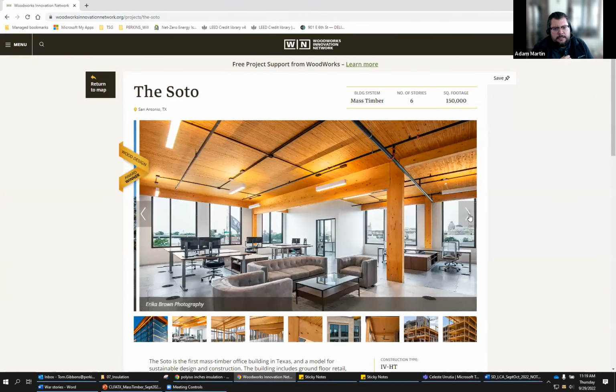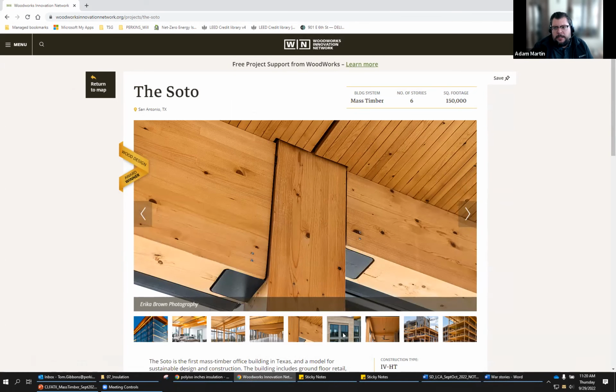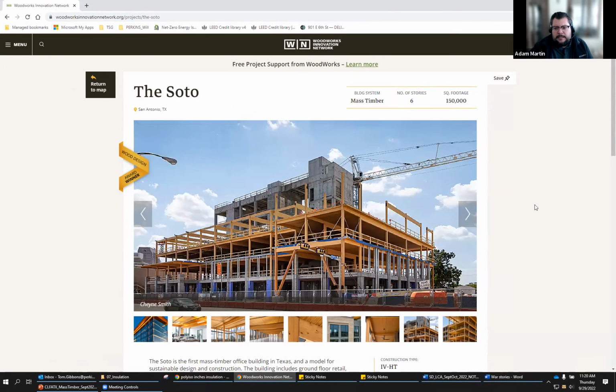All wood interiors, exposed wood ceilings that they don't have to add a finish to, wood columns. Aesthetically, it gives a huge warmth to the space. And so I think that's been a big push, that they keep up with trends, right? If they're experienced multifamily developers, they understand what their clients want. And so looking at this as a new product type that they can offer is a big deal.